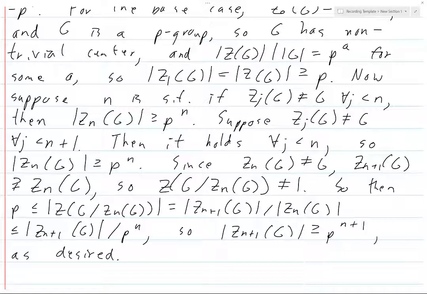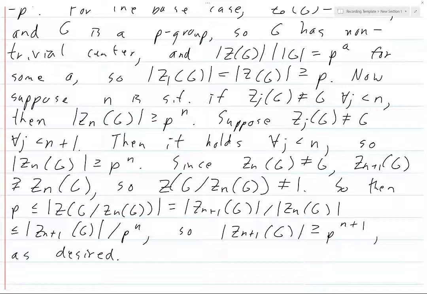So for the desired result, suppose a is greater than or equal to 2. Let G be a group such that the order of G is equal to p^a. Suppose Z_j(G) is not equal to G for all j strictly less than a minus 1.